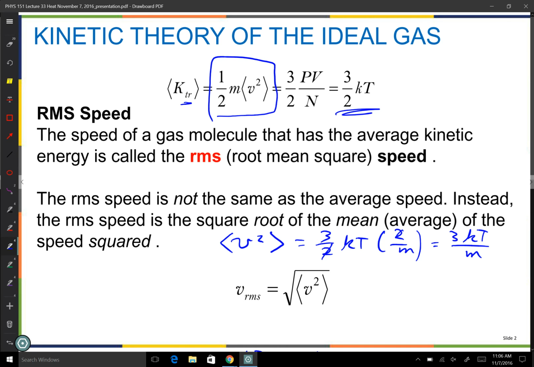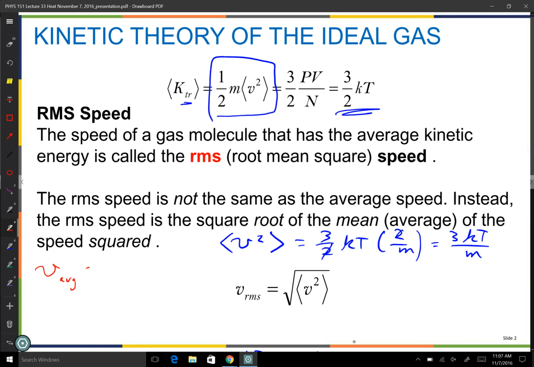And at this point, a lot of people would like to say that the average speed is just the square root of this. But that's not correct. And I'm sure there are plenty of people who know why that's not correct. So I'll ask somebody, can somebody tell me why it's not correct to say that?